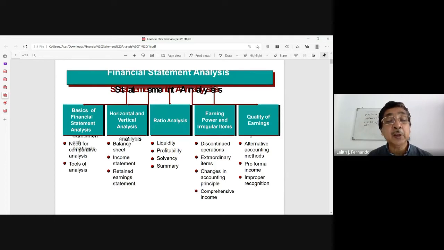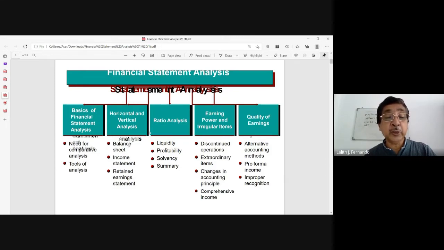And there's a thing called horizontal and vertical analysis. We will see what it is when we go into the details. Horizontal and vertical analysis with regard to the balance sheet, the income statement, and the retained earnings statement. These are the things we do under horizontal and vertical analysis.